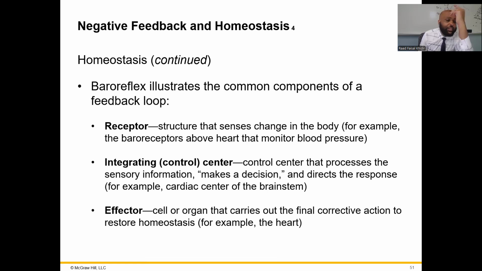The receptor sends the sensory input signal. The integrator center processes the sensory information, makes a decision and directs the response, for example, the cardiac center of the brainstem. Then the effector. The effector mediates the output response. That's the cell or the organ that carries out the final corrective action to restore homeostasis, for example, the heart.